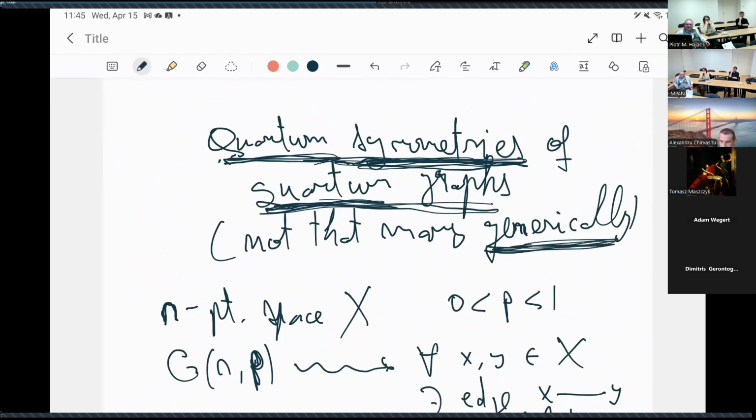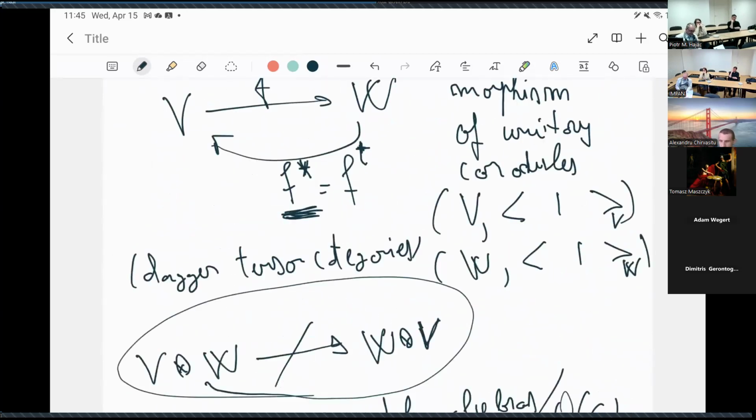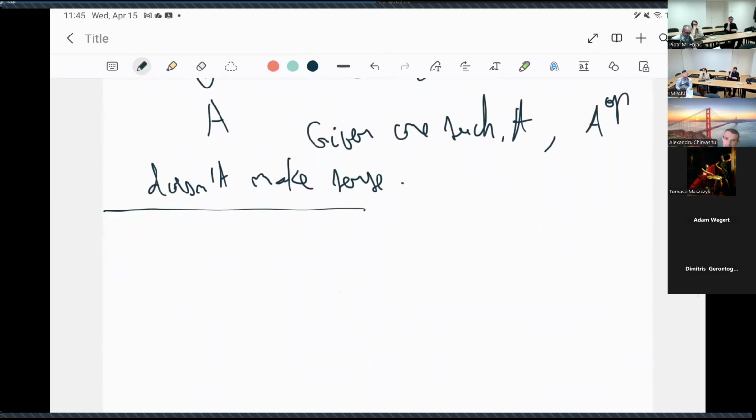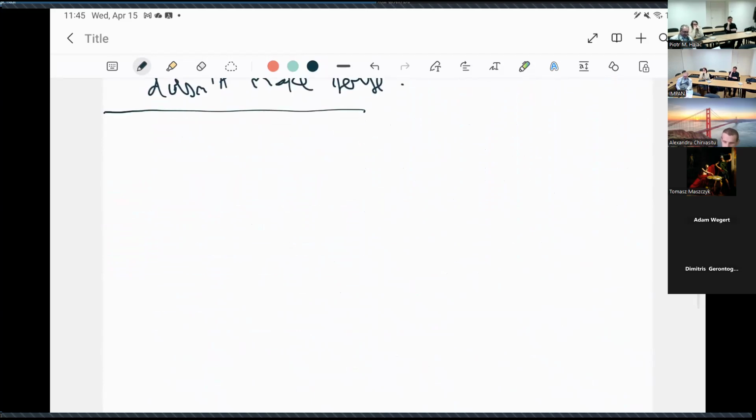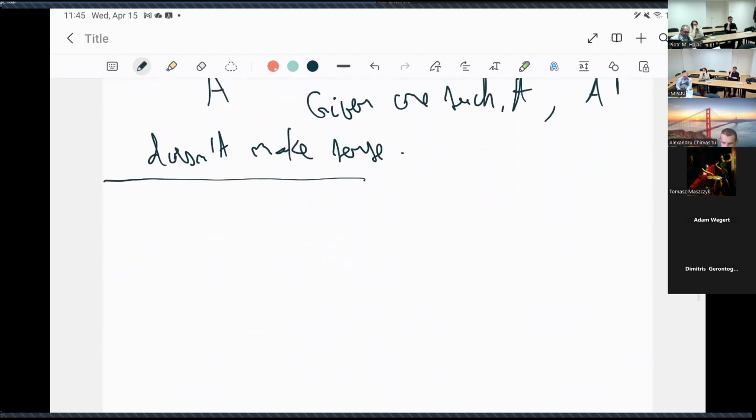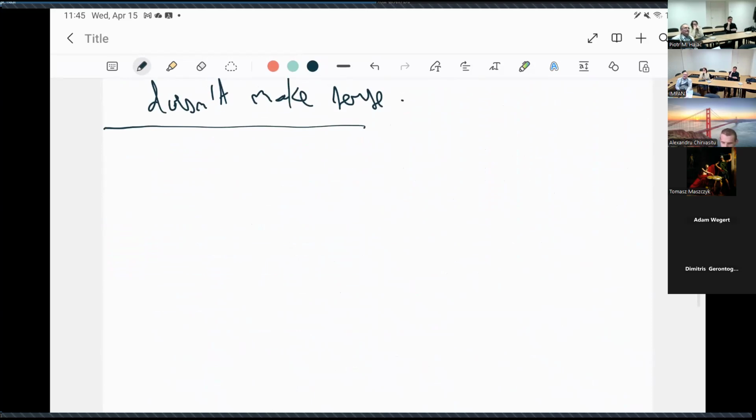I haven't said everything I needed to say about quantum symmetries, because I haven't specified what it is we're symmetries of. Once we discuss quantum graphs, we'll connect back to the quantum groups that are supposed to be acting on them. So quantum graphs, let me remind you a little bit about what these are.